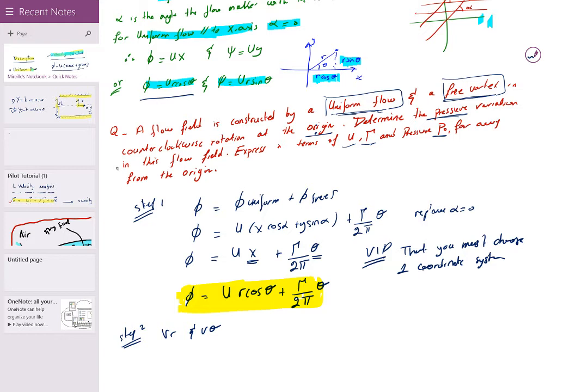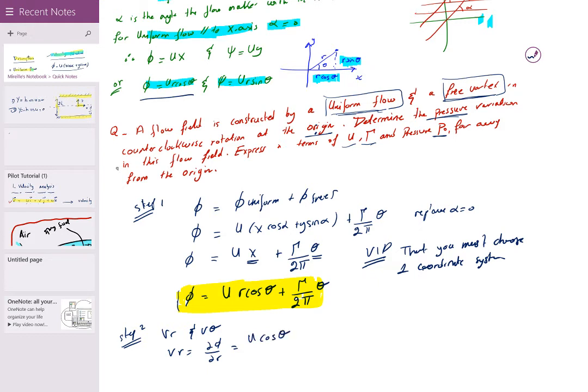By now we should know this. So for vr, it is d phi by dr. I'm going to differentiate the function with respect to r, so I end up with U cosine theta.